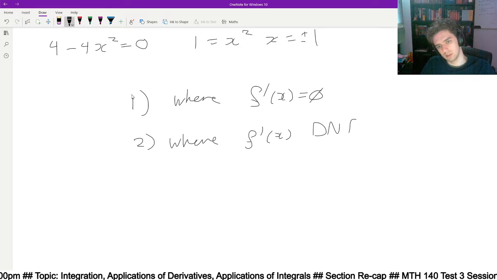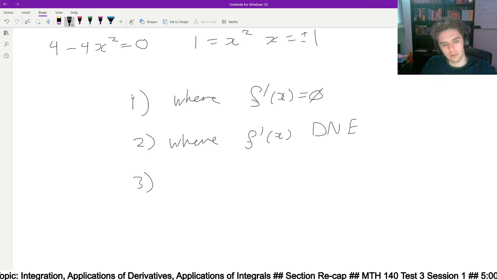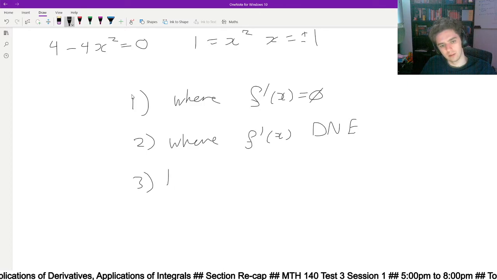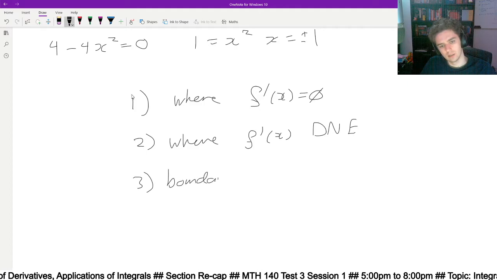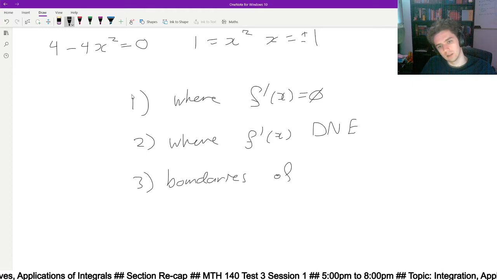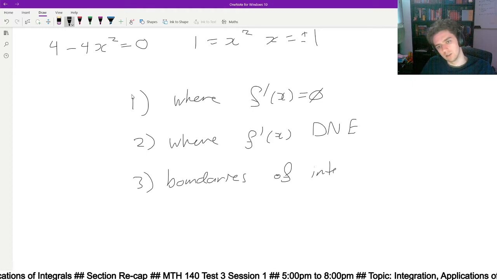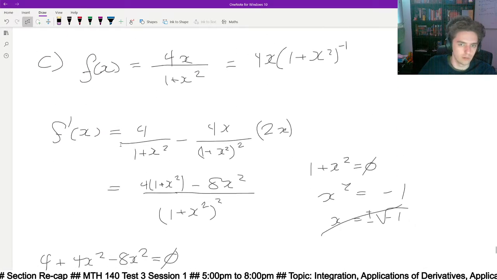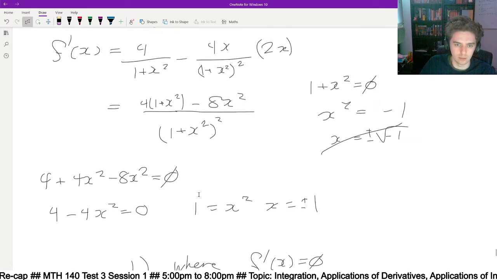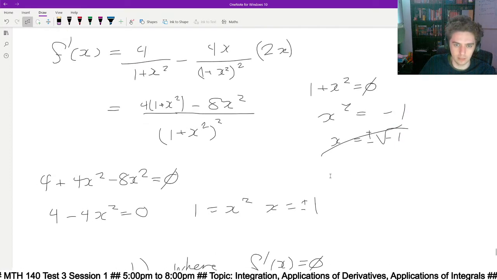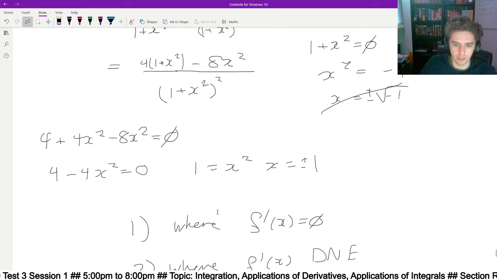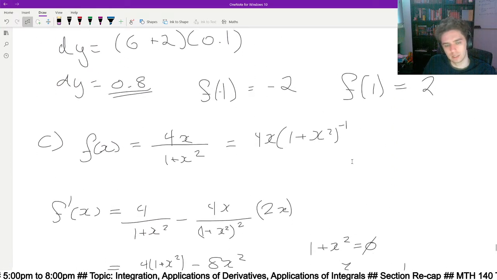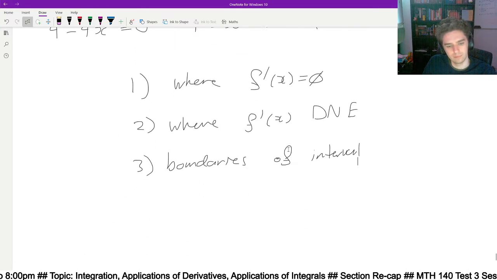And 3, the boundaries of your interval. In this case, there was no interval defined, so we don't have any boundaries to check. The derivative existed everywhere in the real numbers, so we didn't have to check that one. So we only had to check where f prime of x was equal to 0, which was plus and minus 1. So yeah.